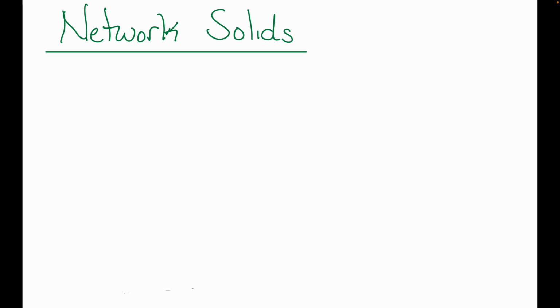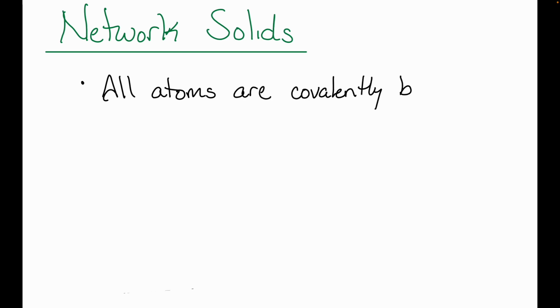A network solid is a solid where every atom is covalently bound in one gigantic repeating network. So in a network solid, all atoms are covalently bound. I actually think the real term is bonded, but whatever.